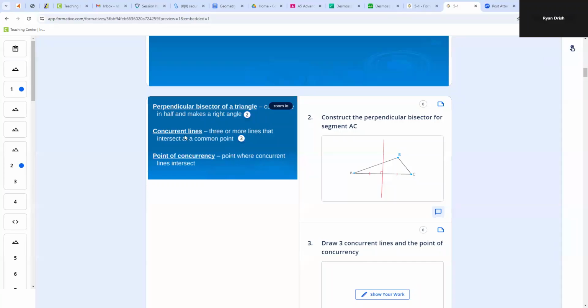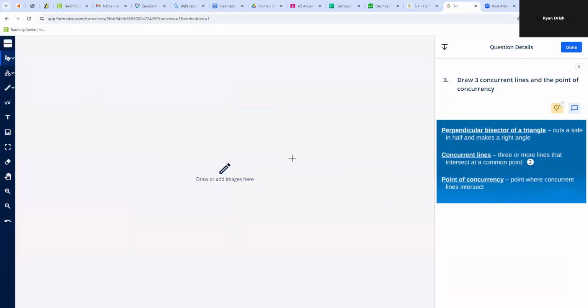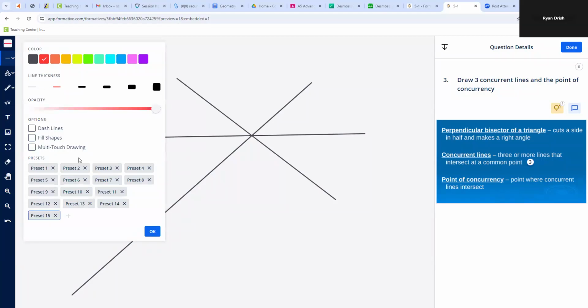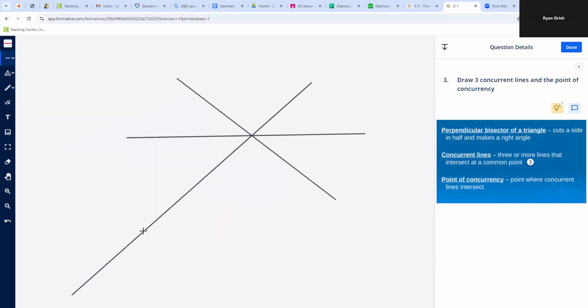We also have the words concurrent lines up above. To review, concurrent lines are just three or more lines that intersect at a common point. So anytime you have three lines that cross at one point, we call them concurrent lines. So we would say that these three lines that I've constructed are concurrent because they all intersect, and the point at which they intersect would be called the point of concurrency.